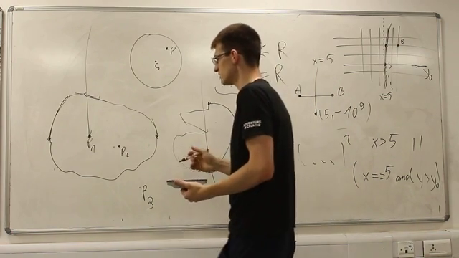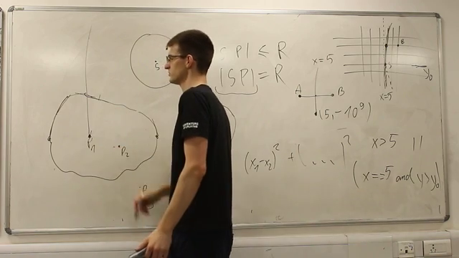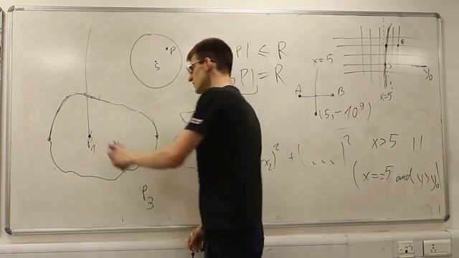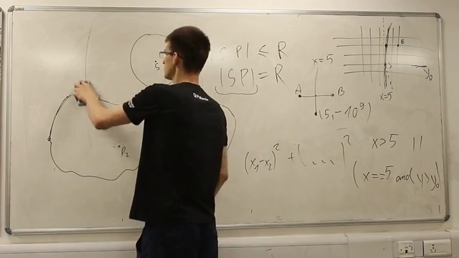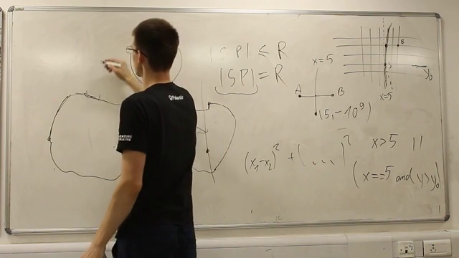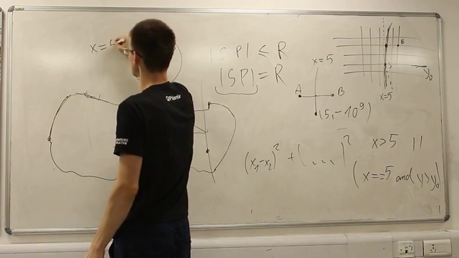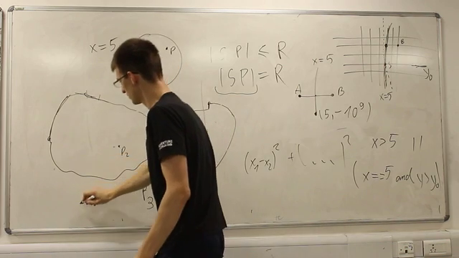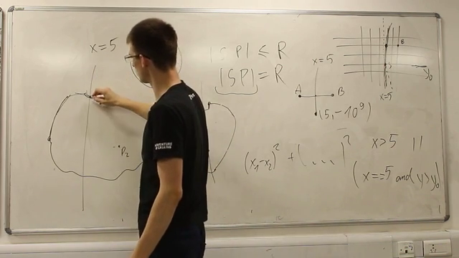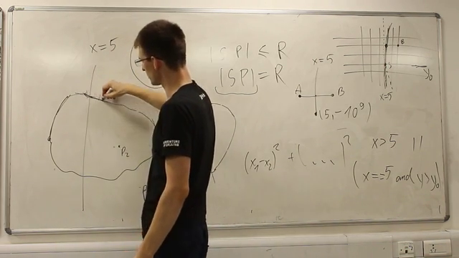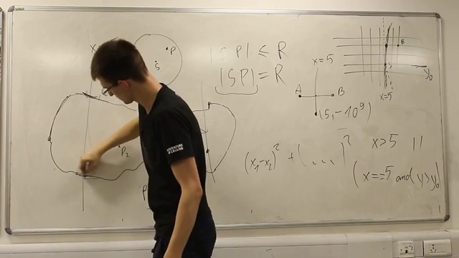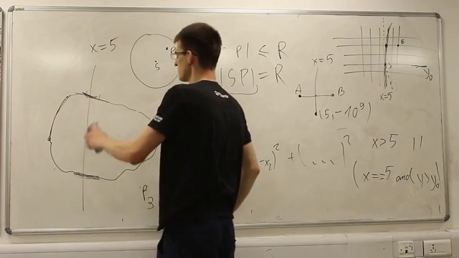But the thing is that we don't know whether P is below or above the polygon. So we just have some P. It has coordinate X equal to some 5. What we do is we find with what segments the line X equal to 5 intersects. Usually there are two such segments.